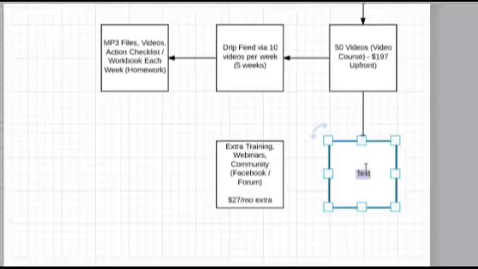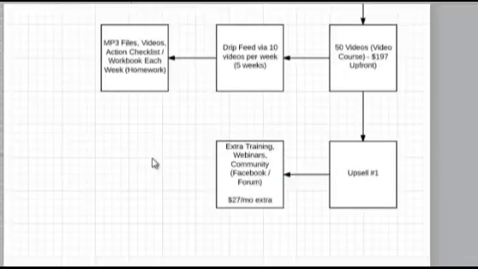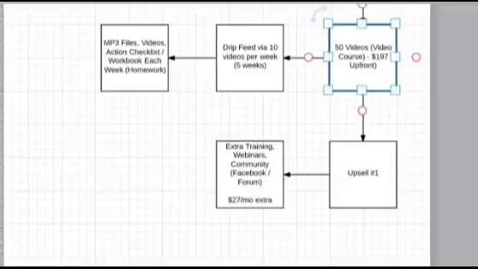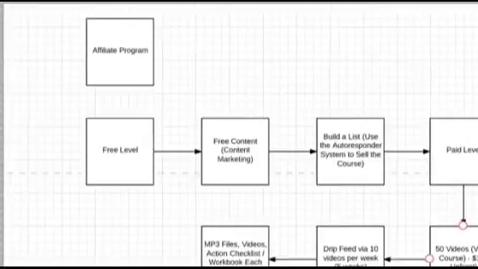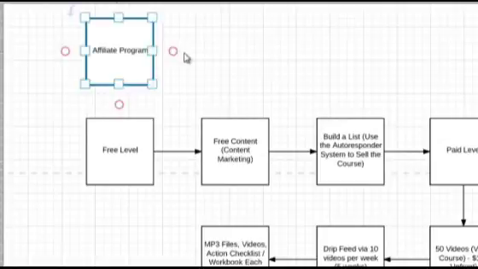And I'm going to do upsell number 1. If you wanted to do any downsells or anything like that, you could, but I'm going to keep it simple like this: $197 up front and $27 per month extra. And there we go.